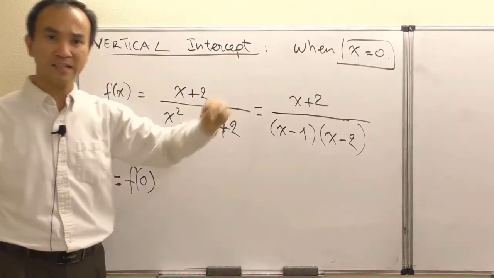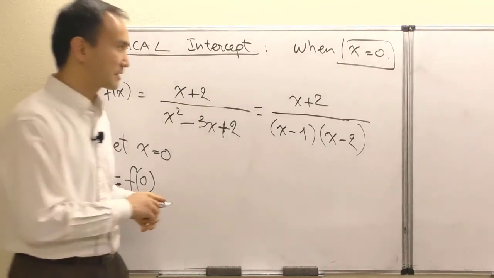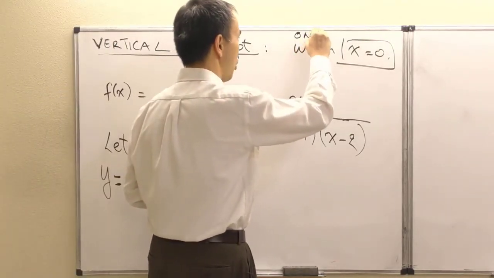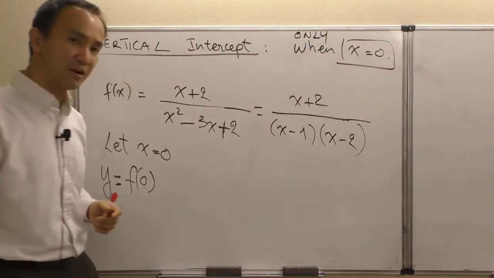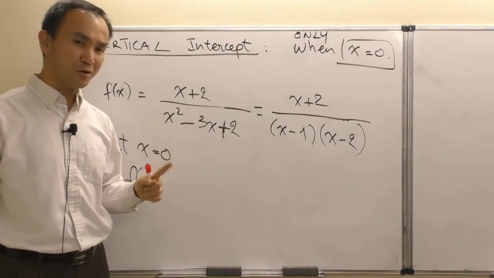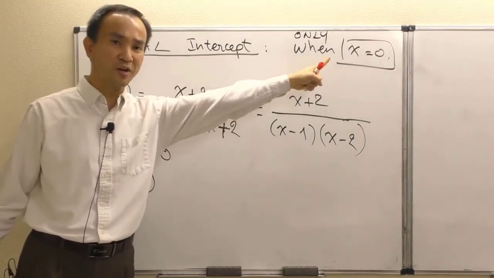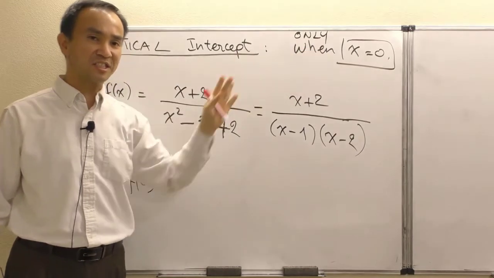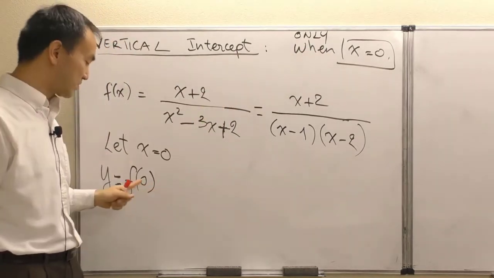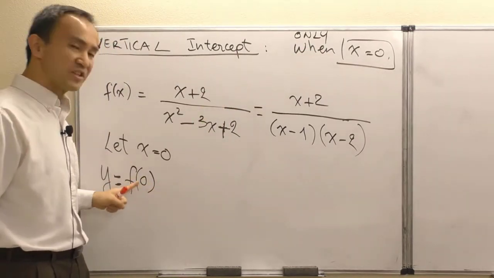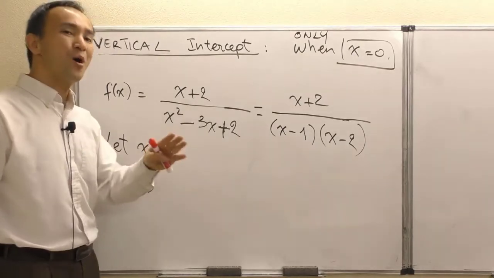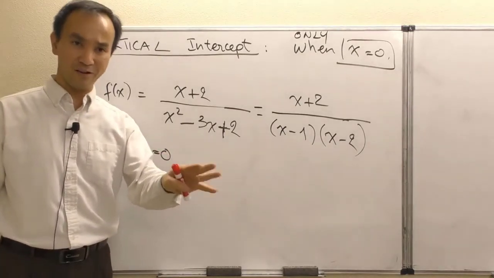Only when x equals 0. So now, one critical thing, we have to check and make sure x equals 0 stays in the domain. Or in other words, we have to make sure f of 0 is defined. That's why I mentioned a little bit about the domain here.